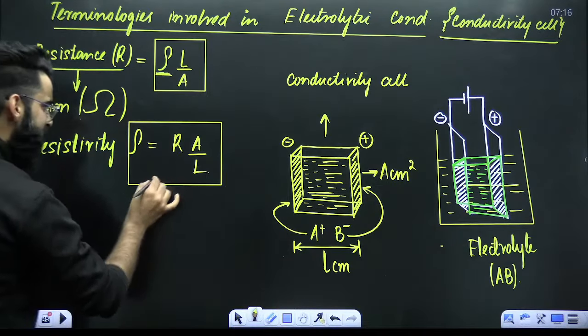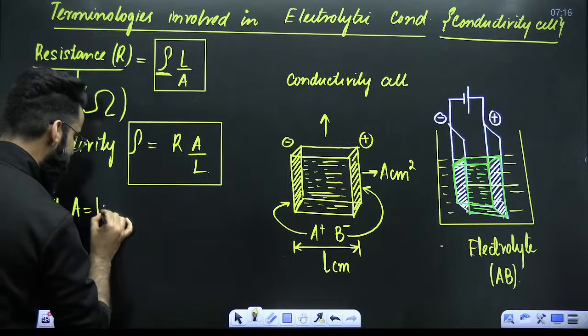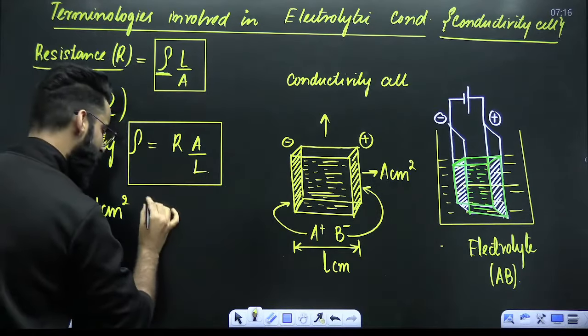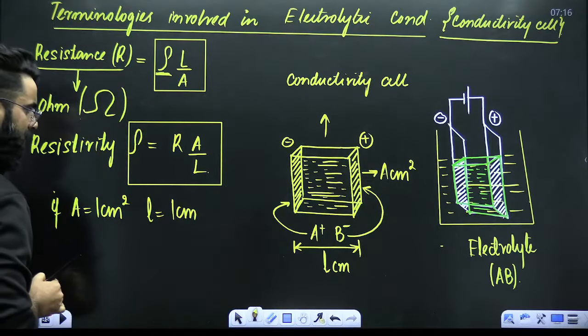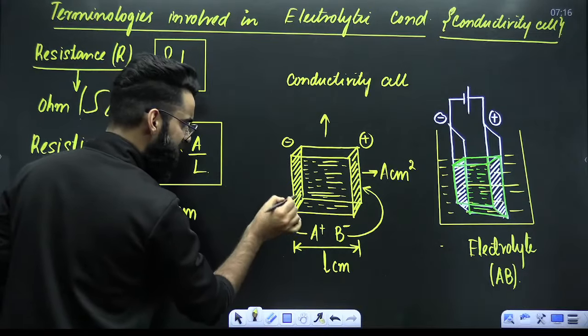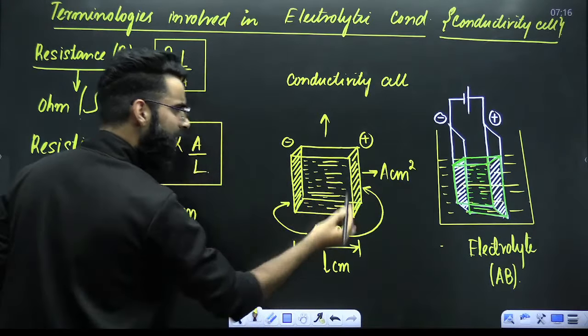Understand, my dear students, imagine that the area of the cross section A is 1 centimeter square. Imagine that the distance between the electrodes is 1 centimeter. If this cross section area is 1 centimeter square and the distance between them is 1 centimeter, can you let me know what will be the volume of this cube?